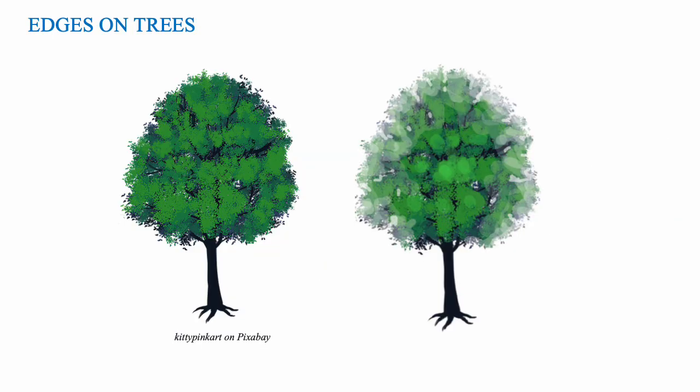Edges on trees are particularly difficult because foliage is inherently soft-edged, and the closest part of the tree is in the middle. This picture has convincing masses of leaves, but it doesn't look three-dimensional. So in my Photoshop version here, I softened the edges around the tree and gave the foliage in front more of a saturated color.